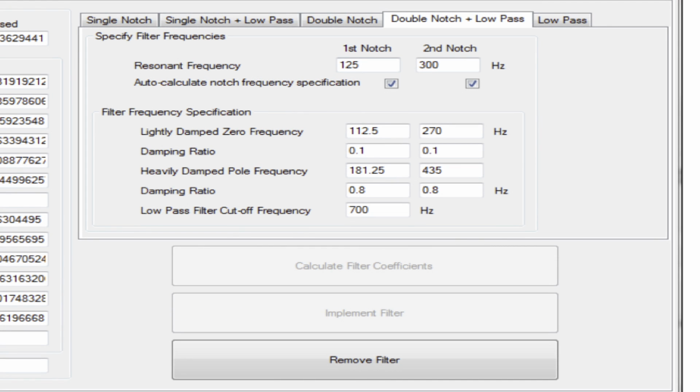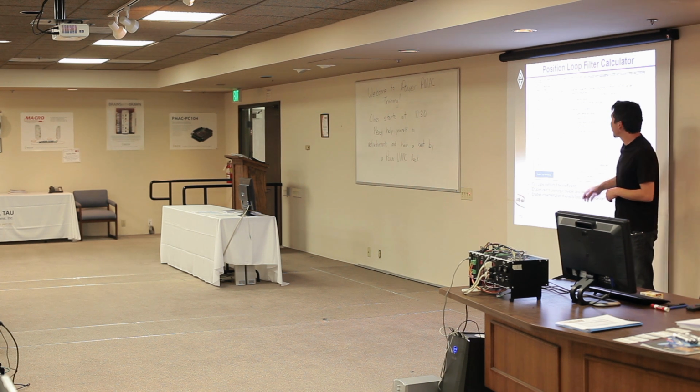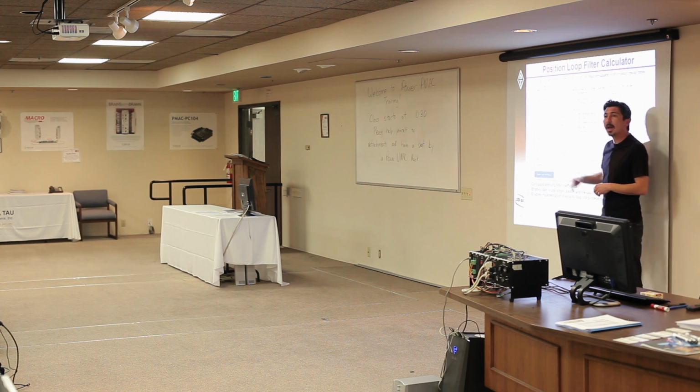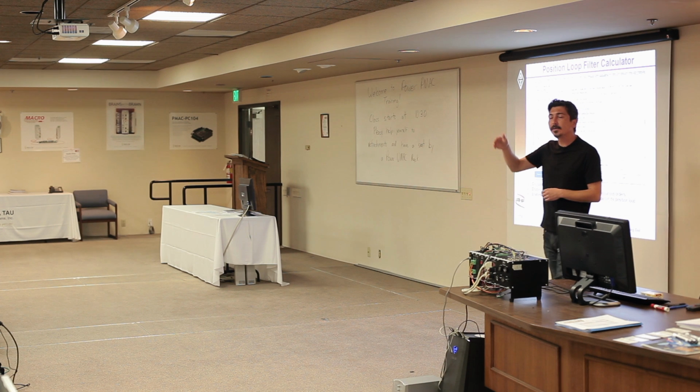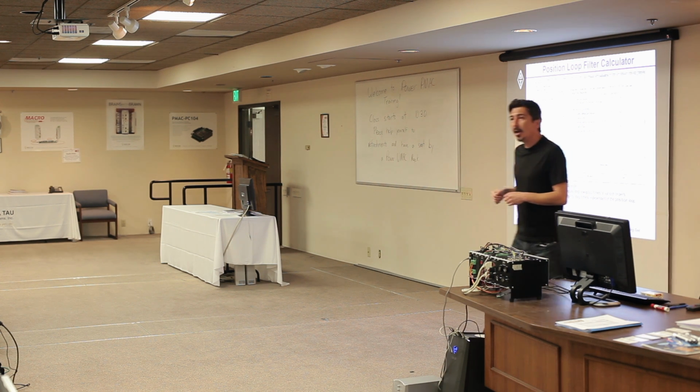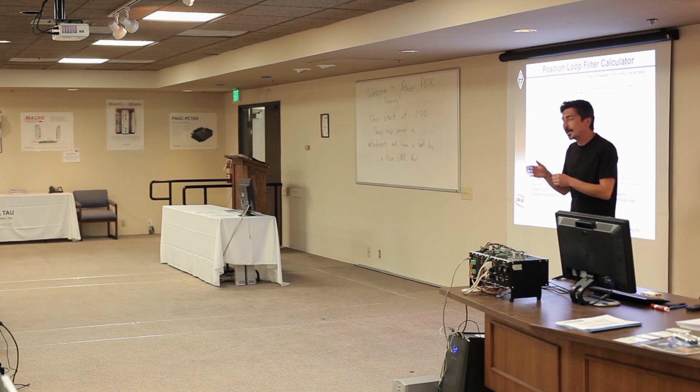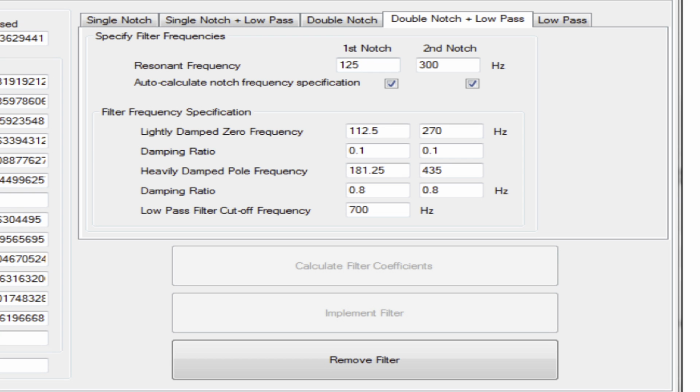This basically allows you to specify what type of filter you want to implement. Such as you may need only one notch to attenuate one of the resonances. Maybe you have two resonances, so you may need a double notch.